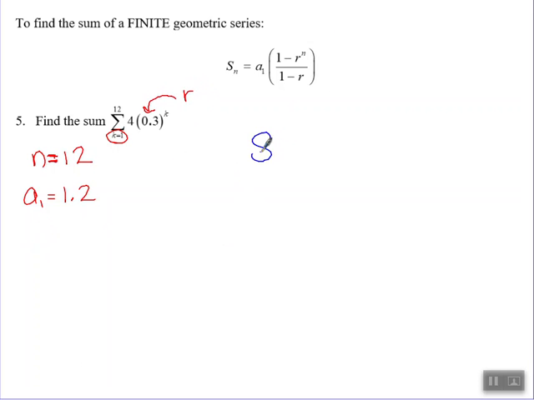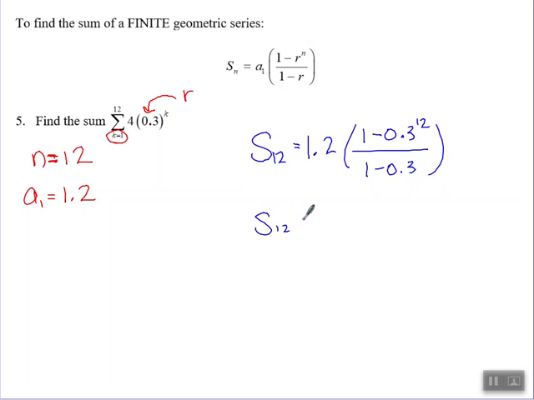We have that the sum of the first 12 terms is equal to 1.2 times 1 minus 0.3 to the 12th power over 1 minus 0.3. If you plug this in the calculator, you get that the sum of the first 12 terms is approximately 1.714.